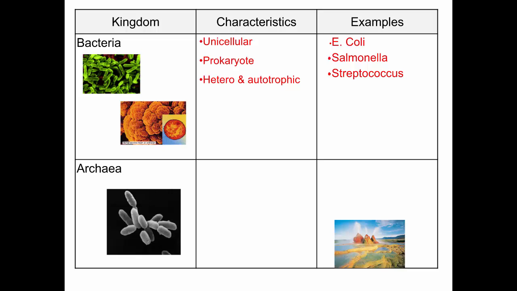Scientists had thought nothing would ever be able to survive there, no bacteria or protists or anything else. But once they started exploring further, they found that these extreme areas actually contain living organisms. And as they looked at them, they found that they're not bacteria, but they have different types of cell walls and a different structure to the cells.